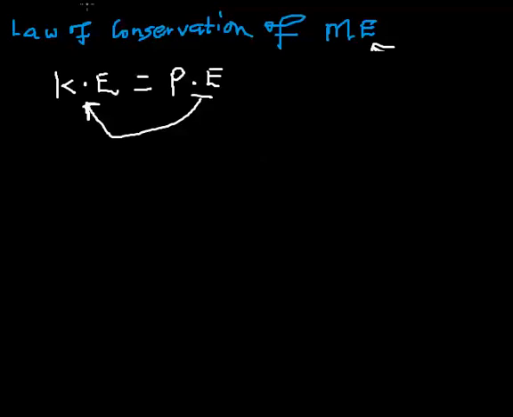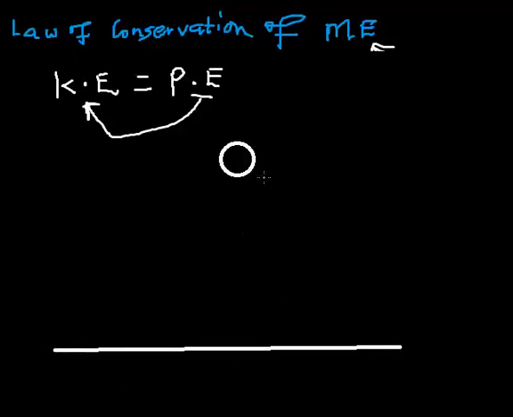Another example is when a ball is projected at a height, and that ball is released. When this ball is released to fall from this height of projection, remember that the ball is not moving. So what it has at that point is maximum potential energy. Meanwhile, the kinetic energy at that particular point is equal to zero.